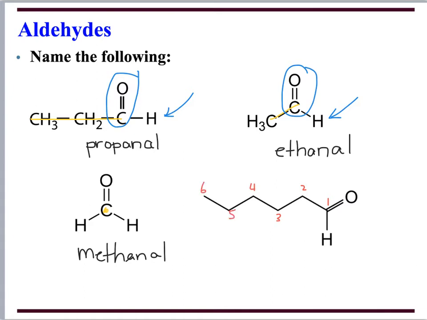Notice when we're drawing a line structure like this, the carbon is here, and then I've indicated what's bonded to that carbon to make it easy to identify that functional group. So 6-carbon chain is hex, so it's hexanal. And again, no numbers in any of these names because the C double bond O has to be at the end of the chain.